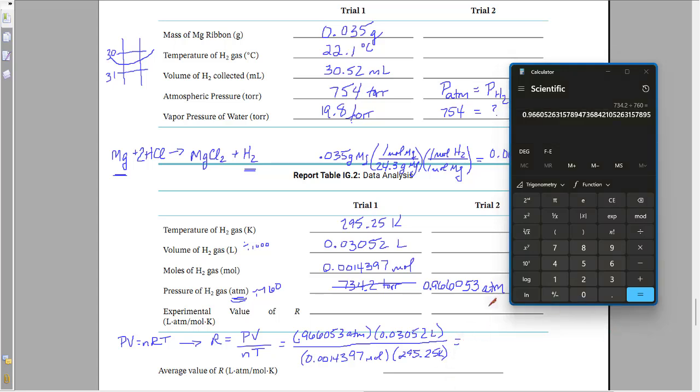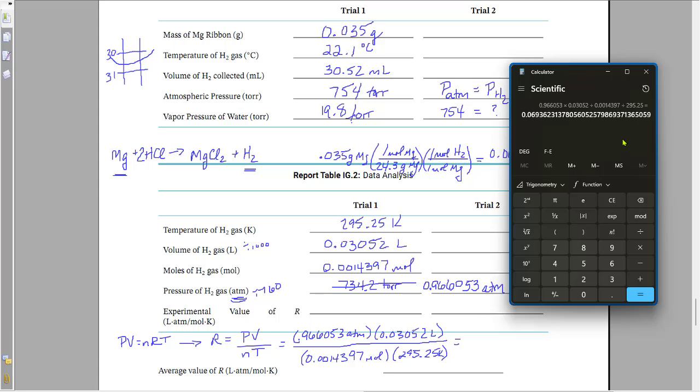So when I do my division now, all right, calculator, don't fail me now, 0.966053 times 0.03052, divide by 0.01437 and divide by 295 and a quarter.